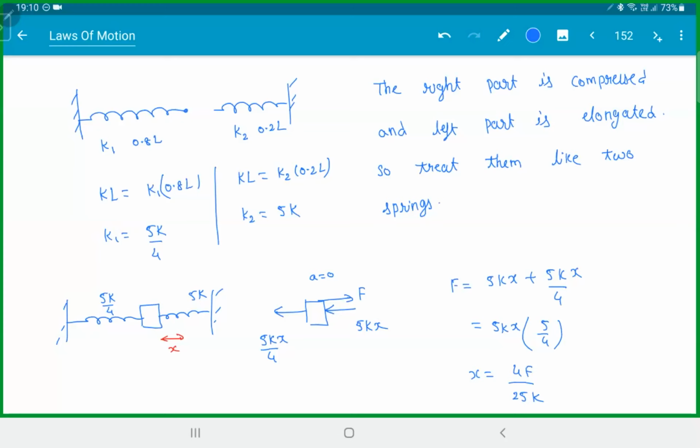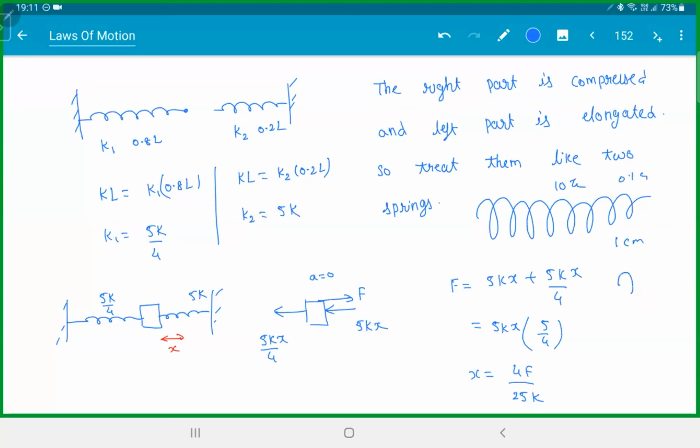Any doubt? Anyone not convinced with this, please ask. And if you're thinking, sir, when you cut the spring, why does K become more? Logically, if you have a long spring with a lot of coils, and you stretch this by, let's say, 1 centimeter, and let's say there are 10 turns, each turn will take 0.1 centimeter elongation.